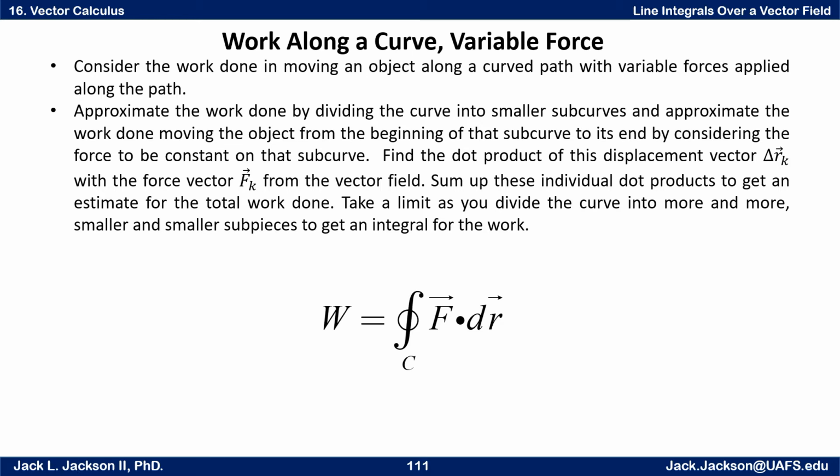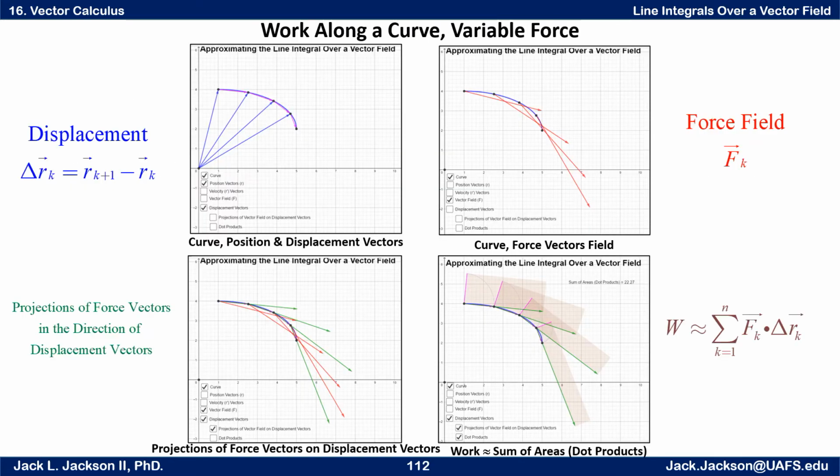Okay, so let's take a look at some pieces of it. Displacement vectors are here, the pink ones, where r sub k plus 1 minus the previous r sub k will give you the kth displacement vector.